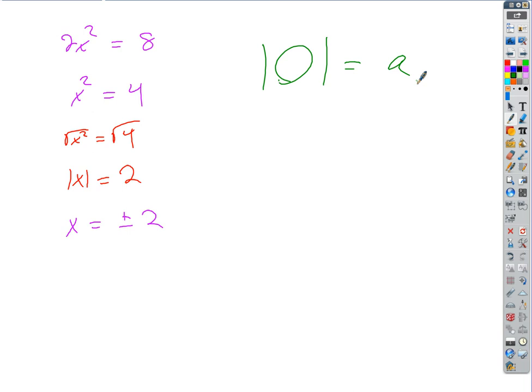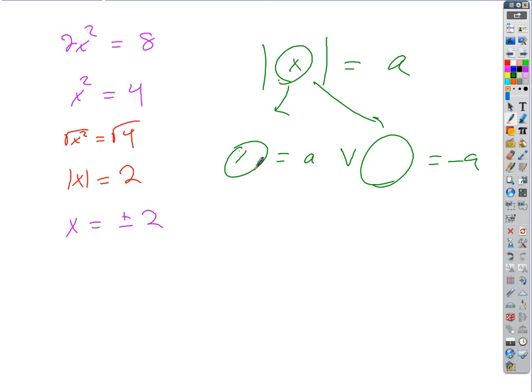What has to be true? What's inside, which is in the bubble, we'll fill it in later, is equal to what? It could be A, or whatever's inside could equal negative A, right? Well, in this case, it's an x, and that's a 2, right? So that gives us either x equals 2 or x equals negative 2. That's just an or symbol, right? Okay? Make sense?